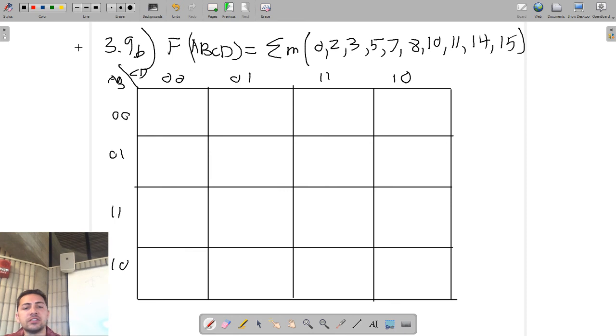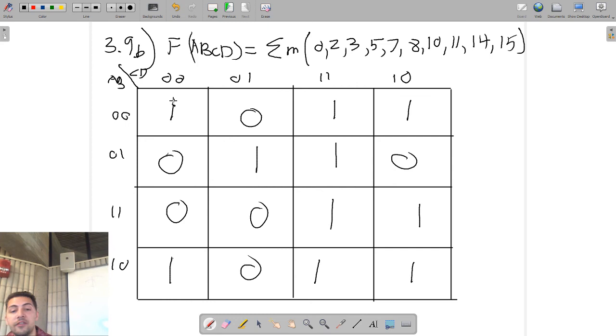So we have to fill this in. So filling it in, 0, 1, 2, 3, 4 is nothing, 5, 6, 7, 8 is down at the bottom row, 9, 10, 11, 12, 13, 14, 15.